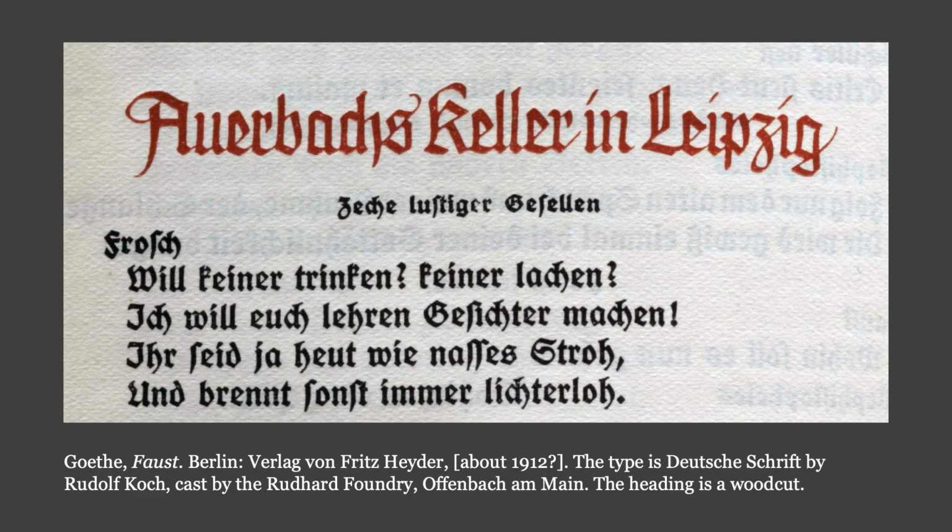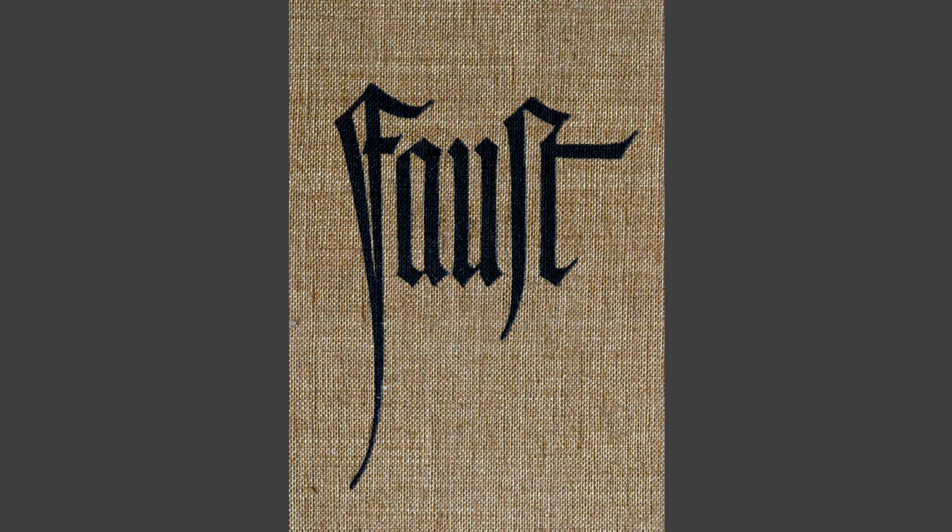The black is the printing type. The heading in red is almost certainly a woodcut by Koch himself. And if we look at the cover to this little edition, the title here, again, it's almost certainly a woodcut by Rudolf Koch, used on the front board of the cover.